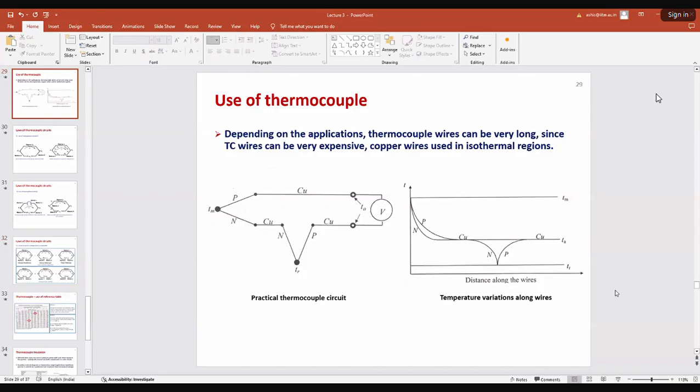The reference junction, they dip in ice. They take ice in a container, and they have a thermometer to confirm that it is at 0 degrees. That is the reference junction. And then you have a voltmeter connected. So this is very much identical to what somebody would use in a practical thermocouple circuit.